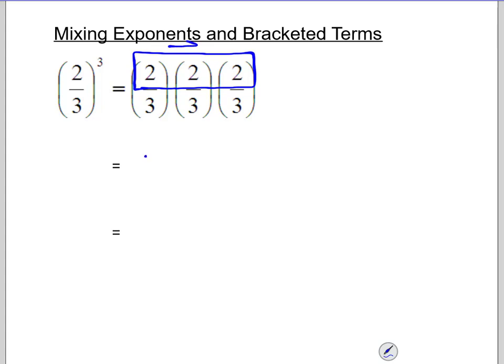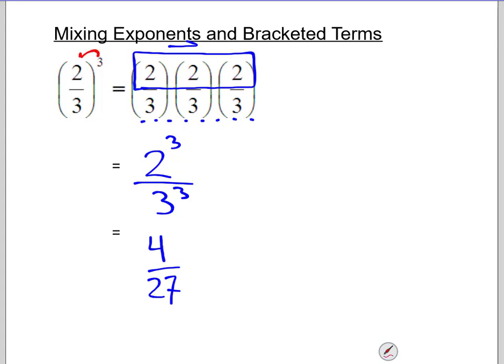Well, that's 3 2's that are all multiplied together. If we look at the bottom term, that is 3 3's that have all been multiplied together. If we wanted to, we could go one step further and make this a 8 over 27. But what we're really interested in is this exponent went to both terms. And that's really the key piece here.